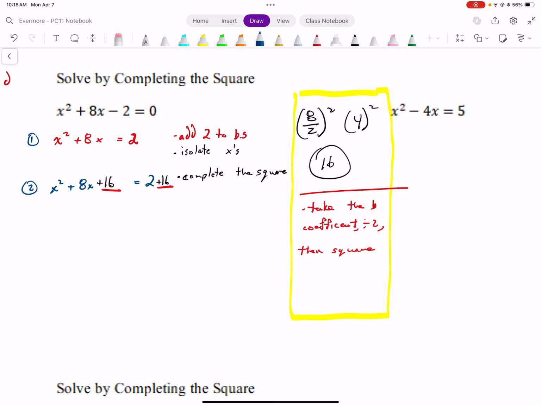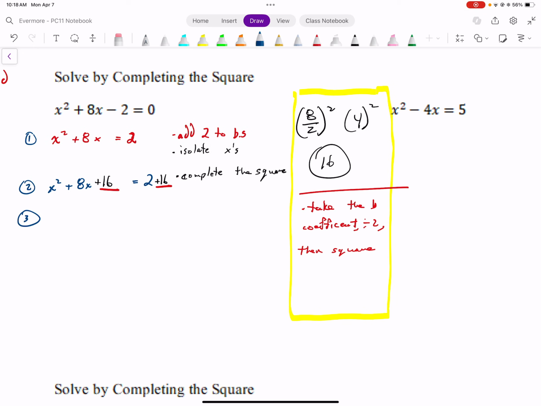Step 3, I'm going to choose to factor it. When I choose to factor it, x squared plus 8x plus 16, if I factor that, the left-hand side factors into (x plus 4) squared. The right-hand side is 18. Now, you may be wondering, wow, you factored that really quick.